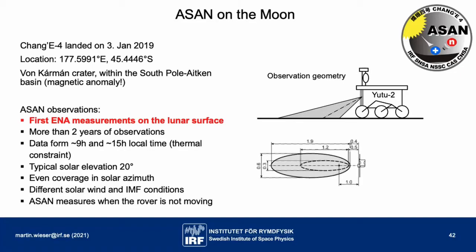The obtained data are quite well distributed over different solar azimuth angles and different solar wind and IMF, interplanetary magnetic field, conditions. The instrument is still going strong. We have just recently reached the 2-year mark of operations on the moon, and there are still no signs of degradation visible.